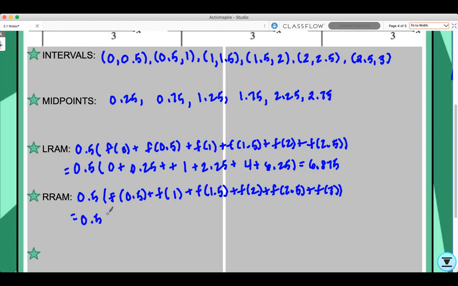This would be 0.5 times 0.25 plus 1 plus 2.25 plus 4 plus 6.25 plus 9. And this would equal 11.375.